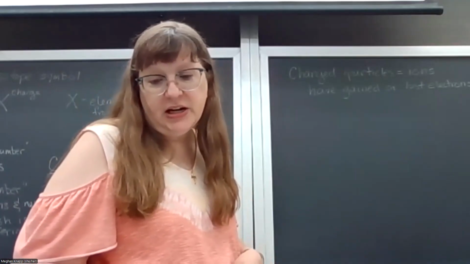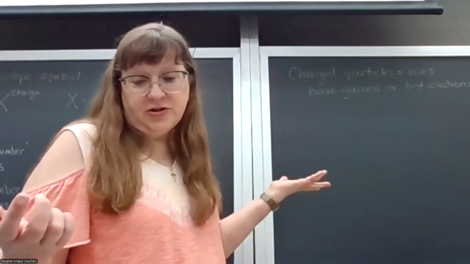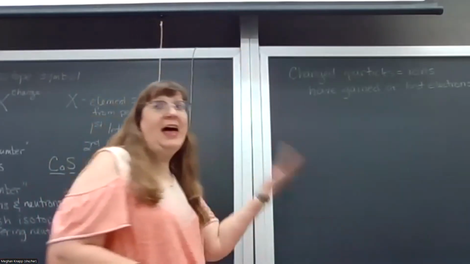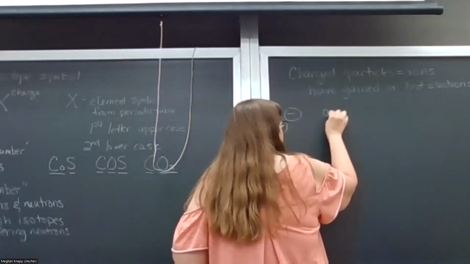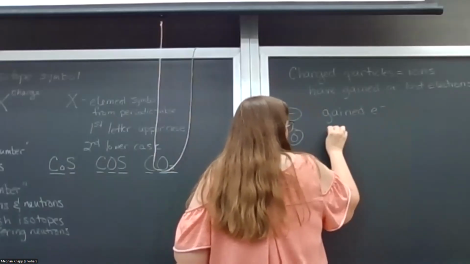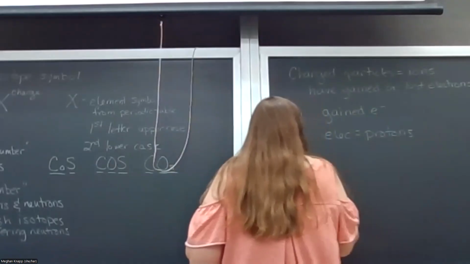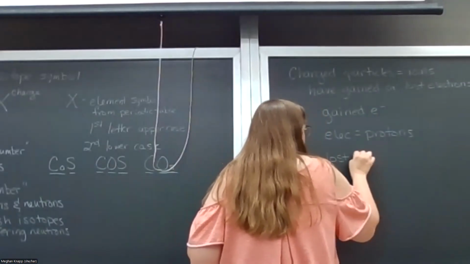Charge tells us the gained or lost electrons. So if I have a negative charge, I've added the negative thing. So for a negative, we have gained electrons. If it's neutral, electrons equal protons. And if it's positive, I have lost electrons.